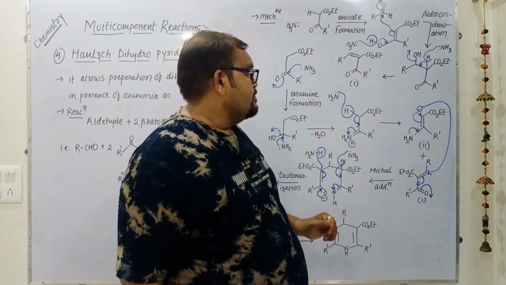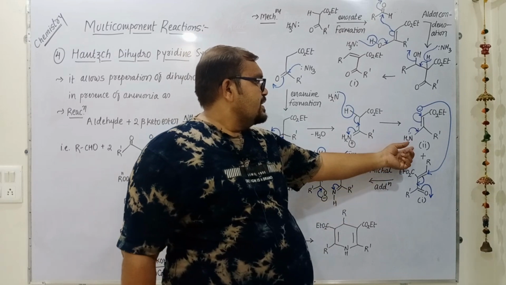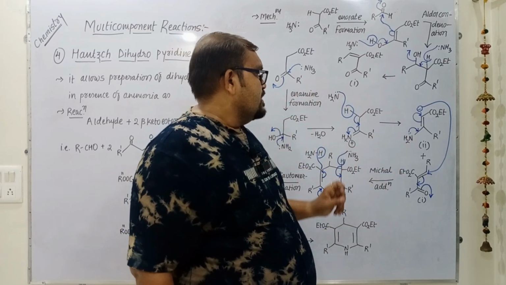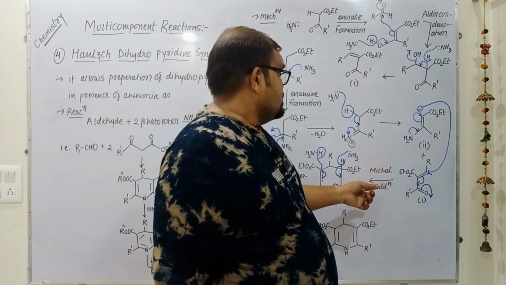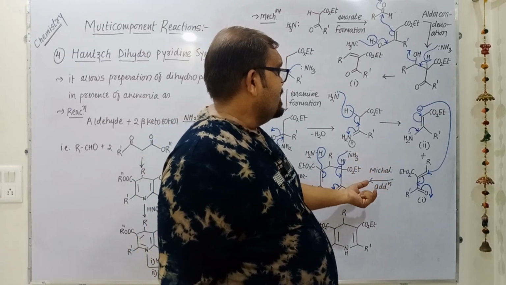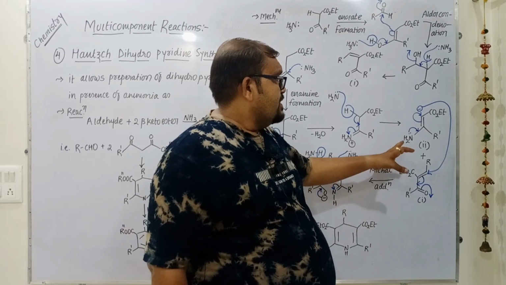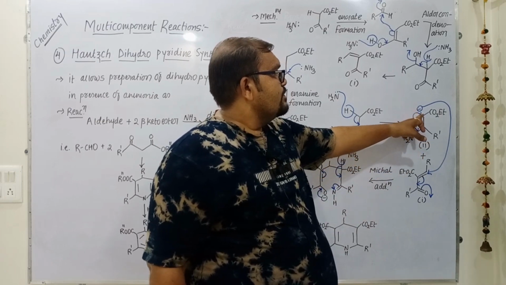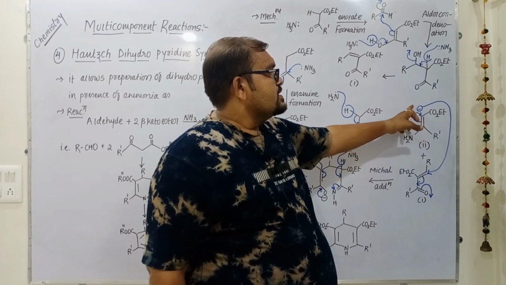Now in the next step what will happen? This second intermediate will react with the first intermediate. How? Let's see. It is carried out by Michael addition. As we defined, this lone pair will be shifted over here, this pi bonding electron will be shifted over carbon to give a carbanion.